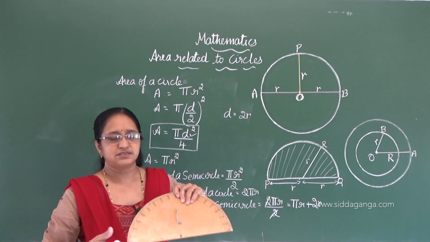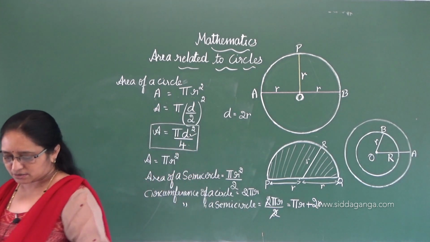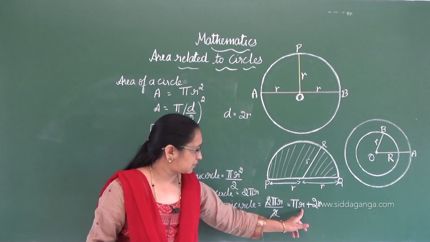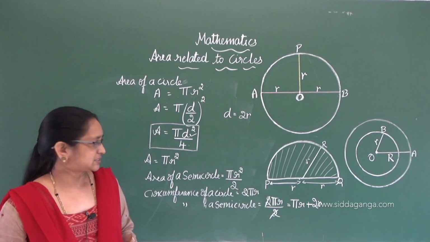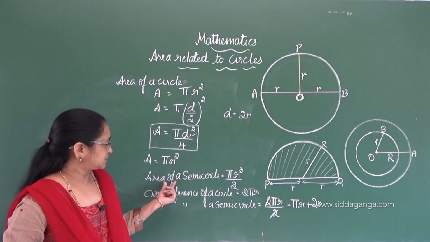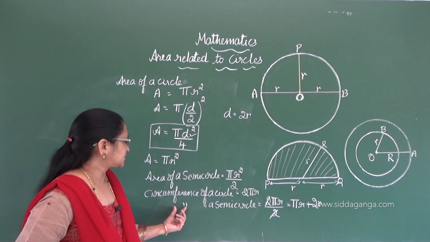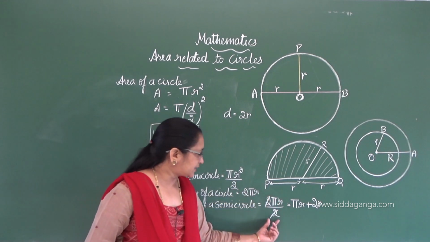So I have to add this, that is pi r plus 2r, or you can take r common and bring pi plus 2 also. Once again, see, the circumference of a circle is 2 pi r, you all know. Therefore, the circumference of a semicircle will be 2 pi r divided by 2.